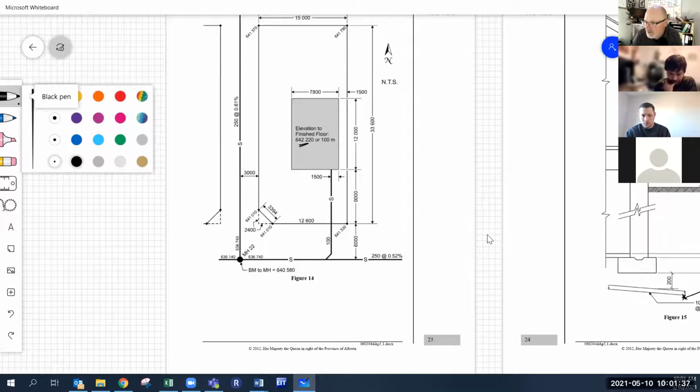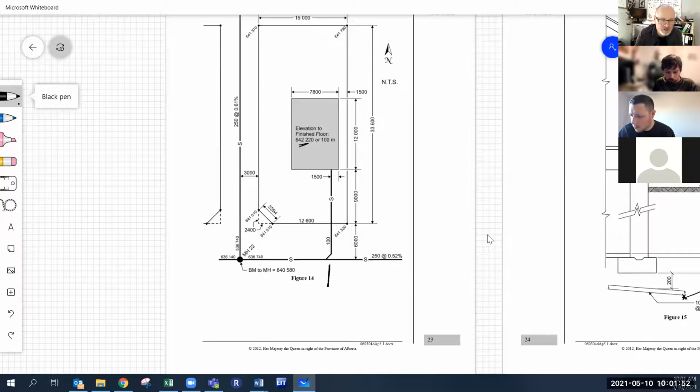The next question says, how far is the connection for the building sewer from the manhole? I think we've already determined this. Isn't it 15 meters?